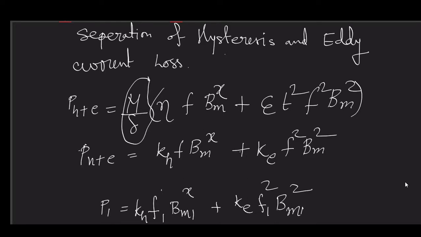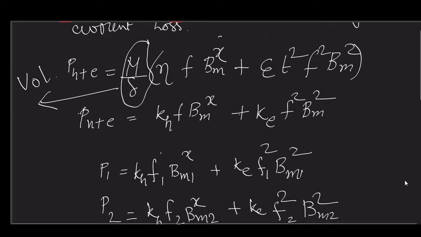This is our volume. It is proportional to volume, and also there is another term, that is our flux. So now that volume, if you increase, then what will happen to your core?